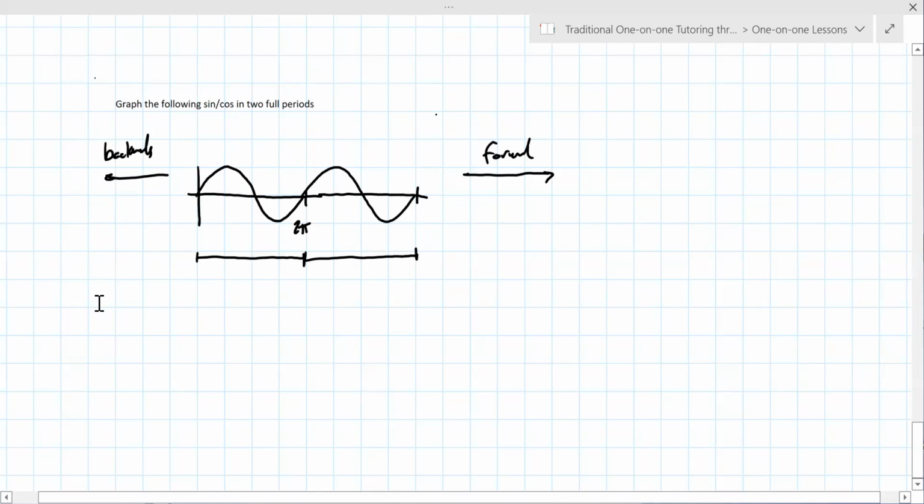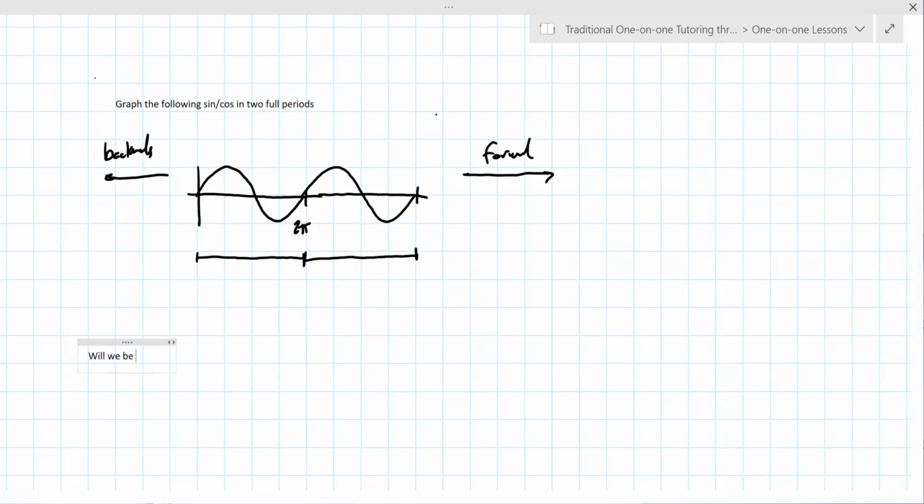So if you want those words, I think they're worth putting in this lesson today. Will we be asked to graph more than 1 period? Question mark. Will we be asked to graph in the negative direction?